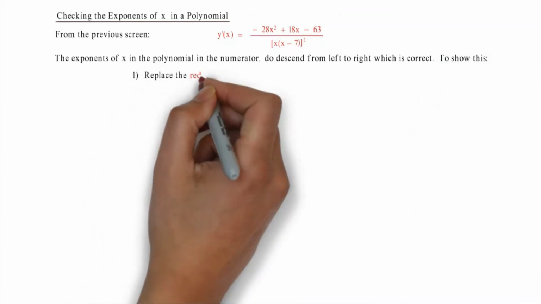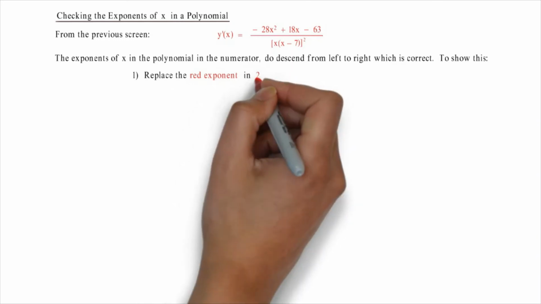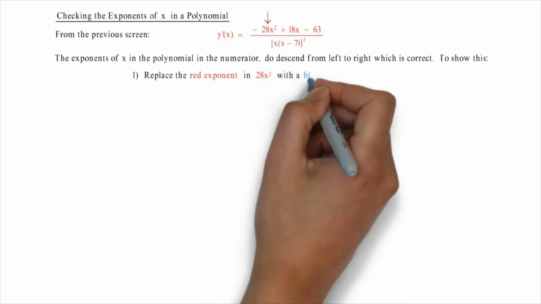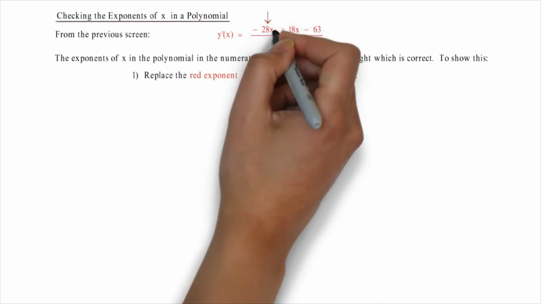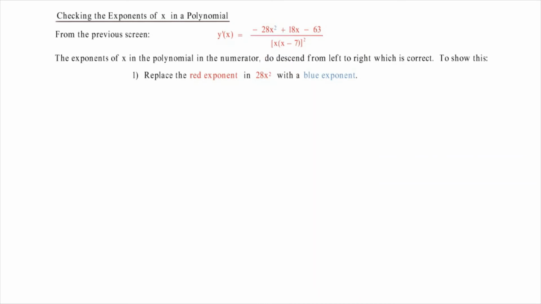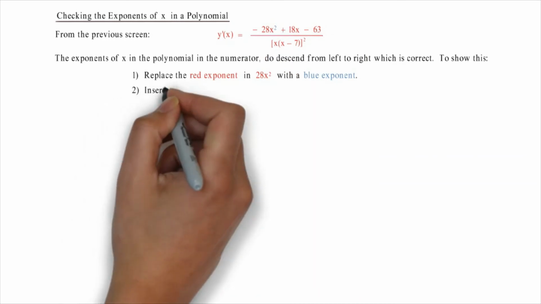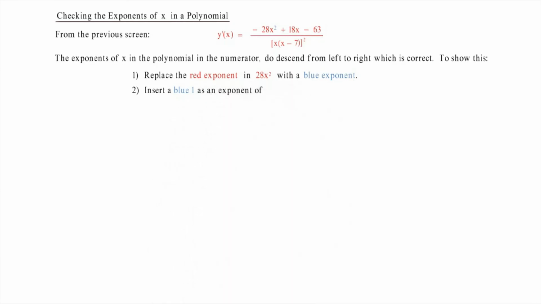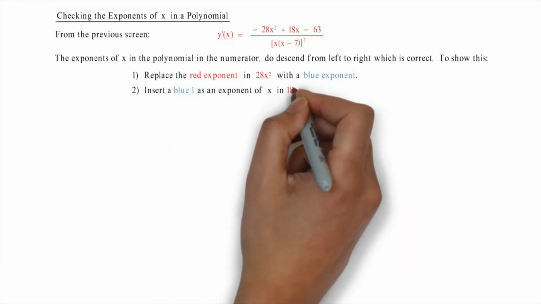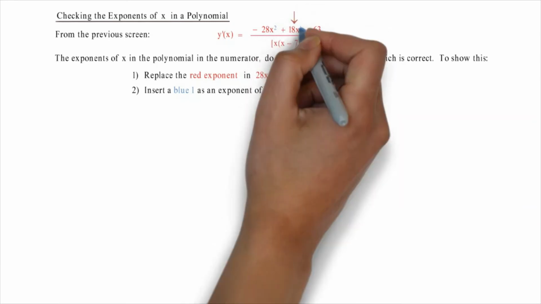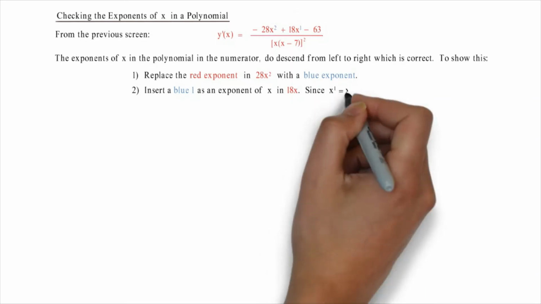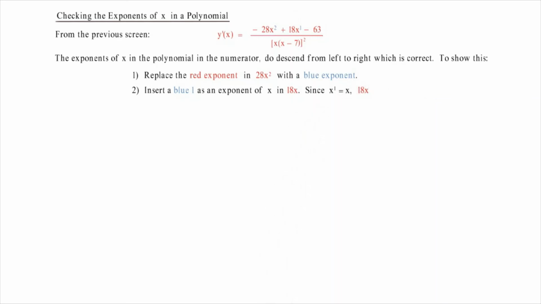Replace the red exponent in 28x squared with a blue exponent. 2. Insert a blue 1 as an exponent of x in 18x. Since x to the 1 equals x, 18x remains unchanged.